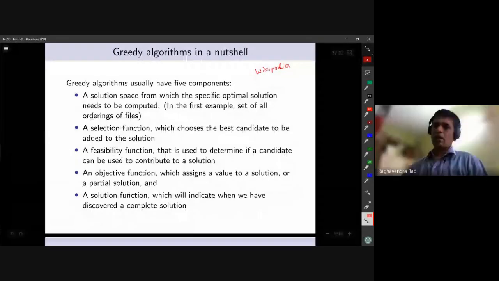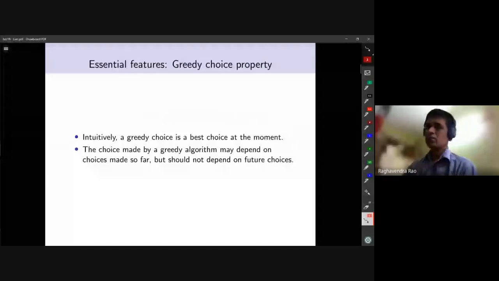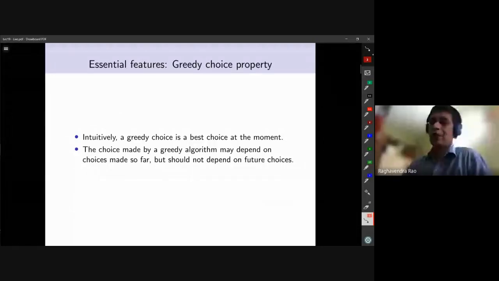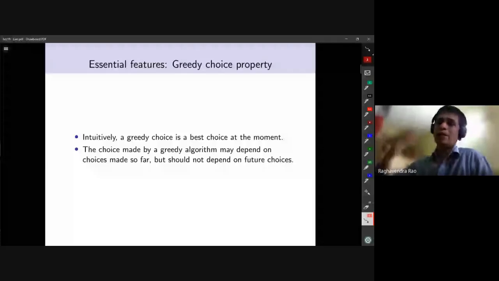There are basically 2 essential features. One is the greedy choice property, the other one is the optimal substructure property. A greedy algorithm we can imagine as an iterative procedure which greedily picks the locally best possible candidate to be added, and keeps on adding until no further addition to your solution set is possible. Imagine the solution is a set.